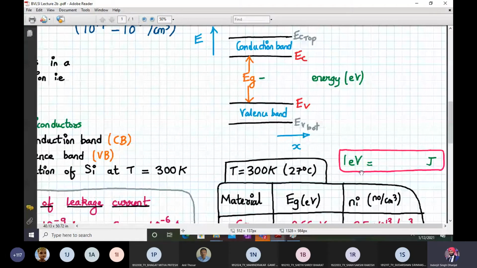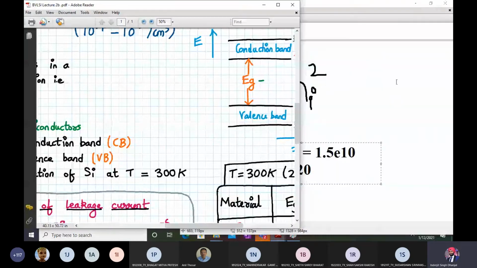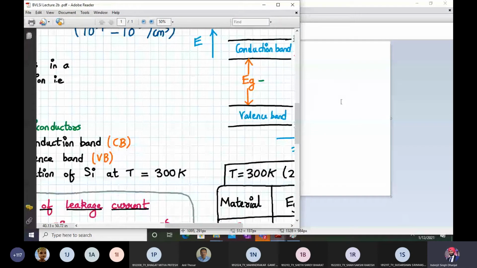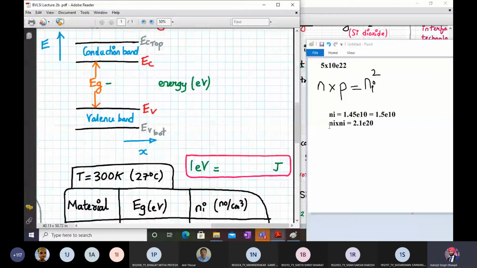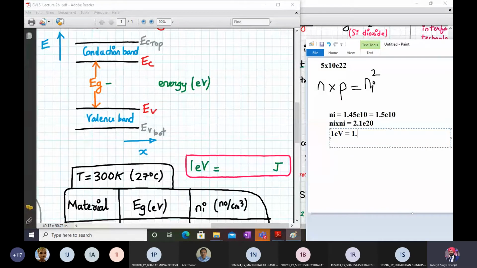This 1 electron volt is also a very important unit, so we'll write that down also. 1 electron volt is given by, you can write it down, 1.6 into 10 raised to minus 19 joules.